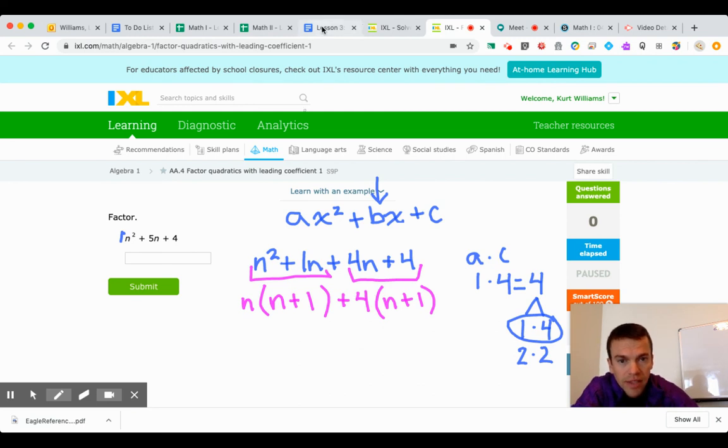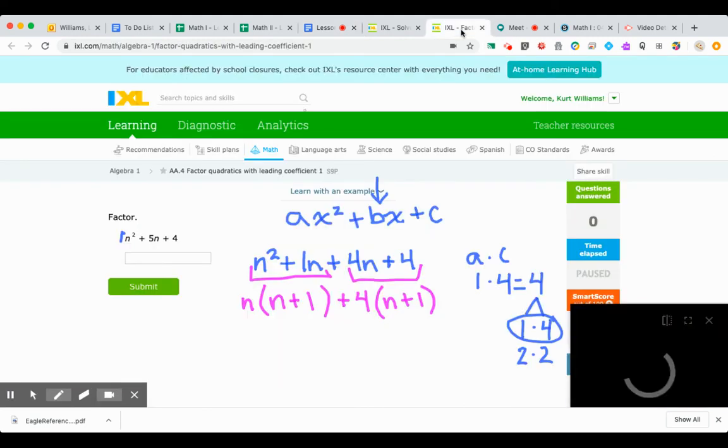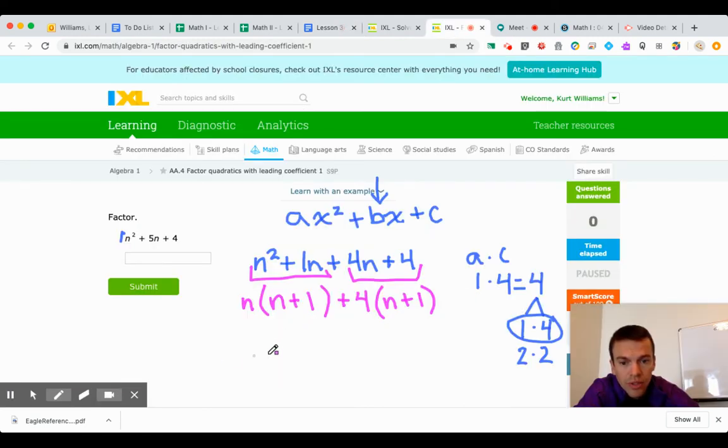The last step is to factor the term in parentheses and write the expression as a product of those factors. So I'm going to take out this n plus 1 and write it in parentheses, and then combine n plus 4 in parentheses over here.